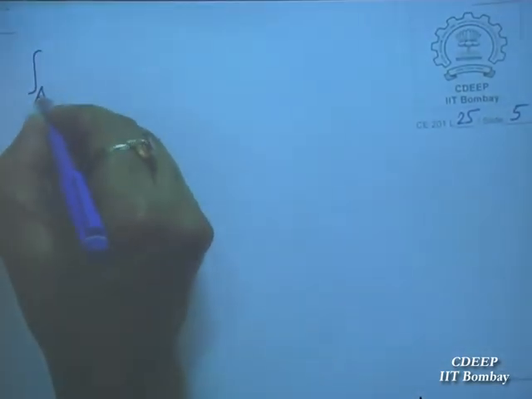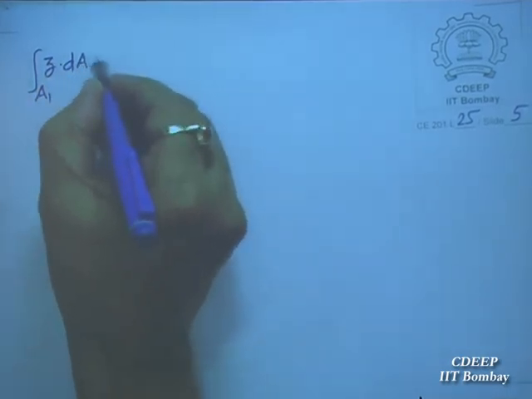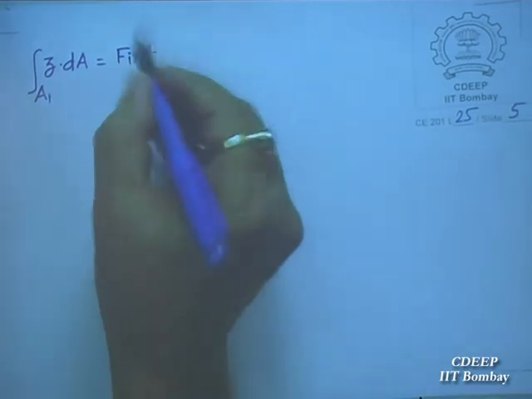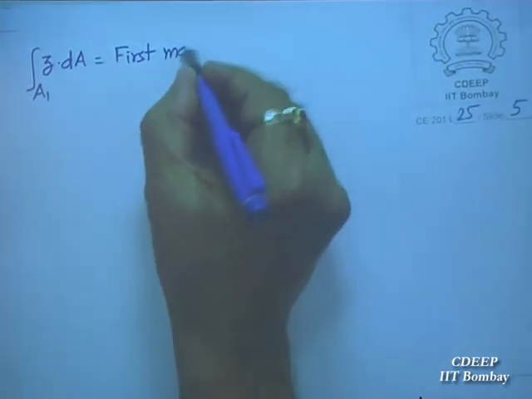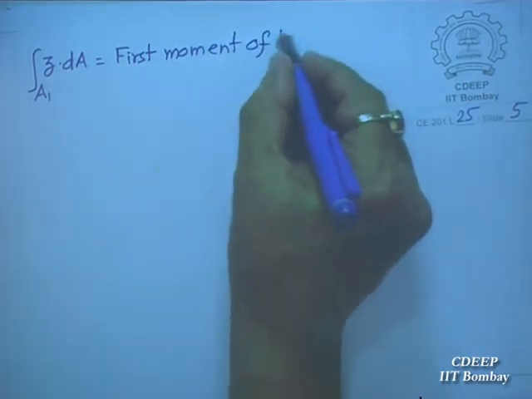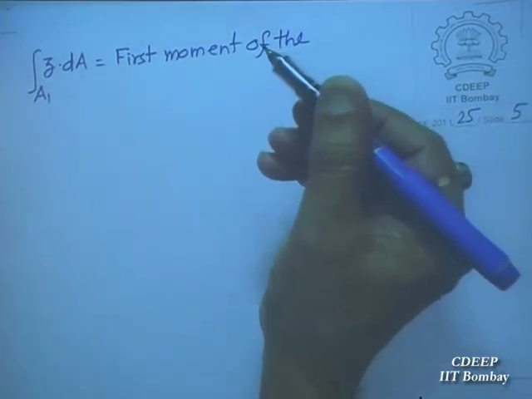The integral of ZdA over area is the first moment of the area. When you find the center of gravity of any area, you compute this.